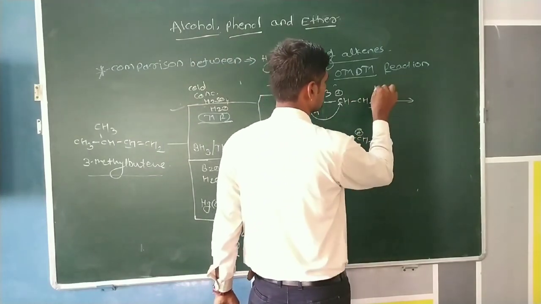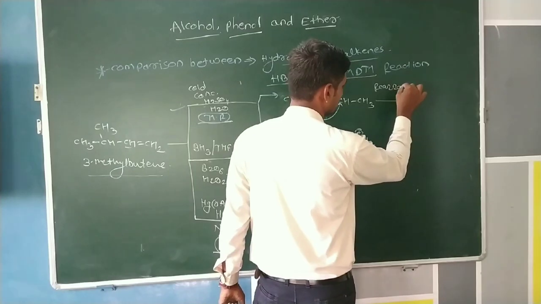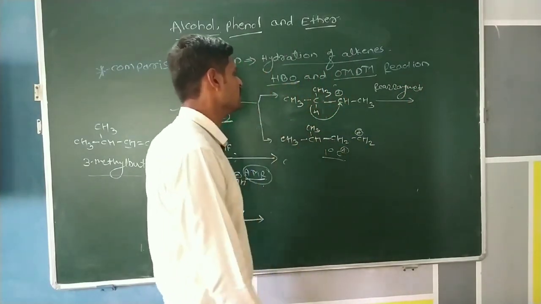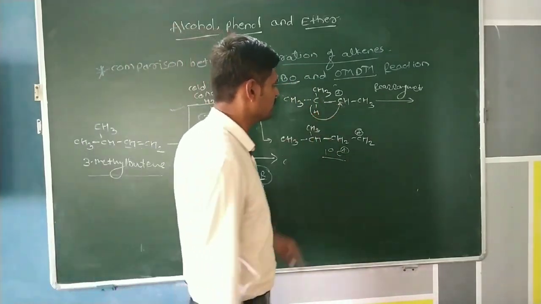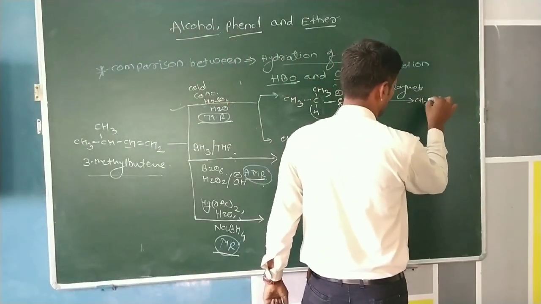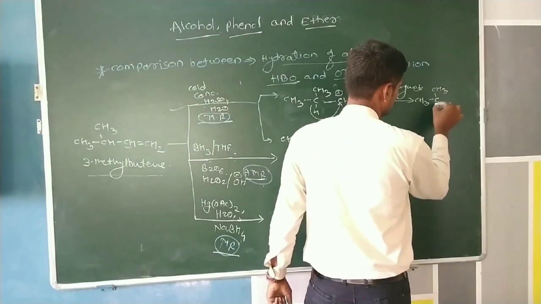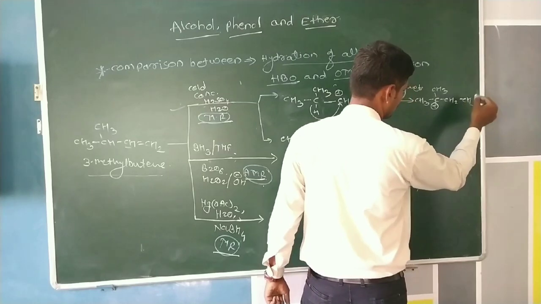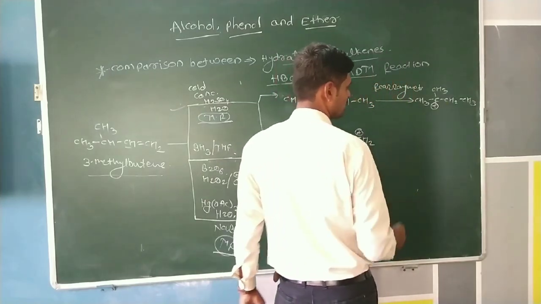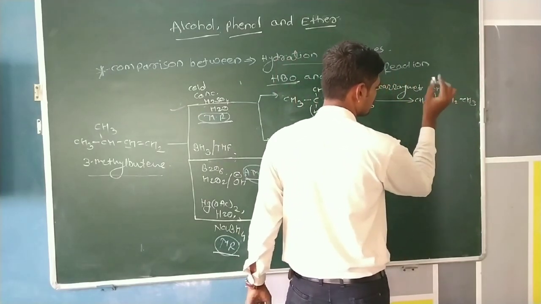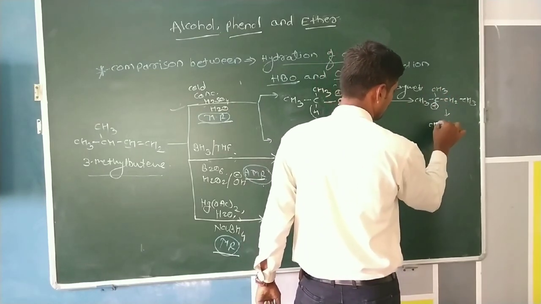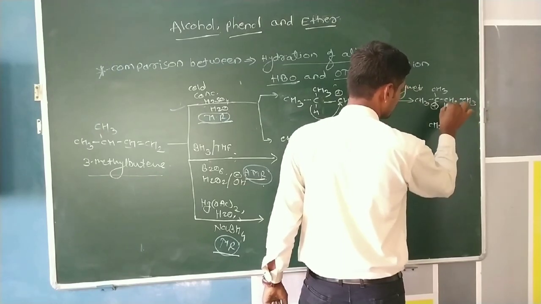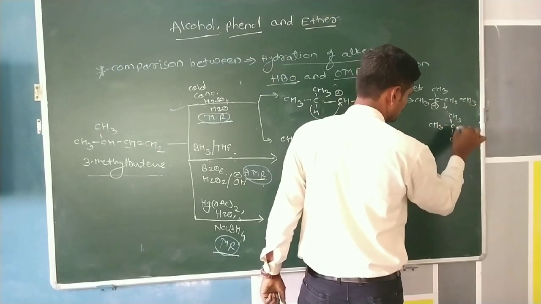Therefore, there is a rearrangement reaction, or this step is a rearrangement step. After the hydride shift, there is a formation of tertiary carbocation, CH2, then CH3. After formation of the tertiary carbocation, the OH is linked with this tertiary carbocation. There is a formation of tertiary alcohol.